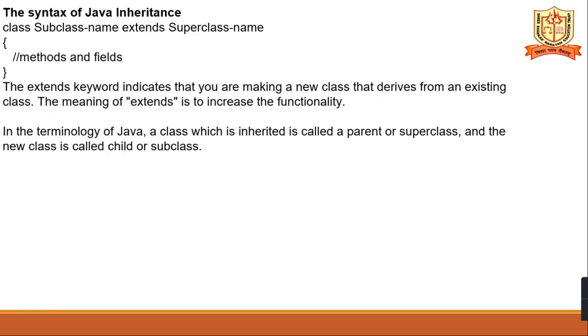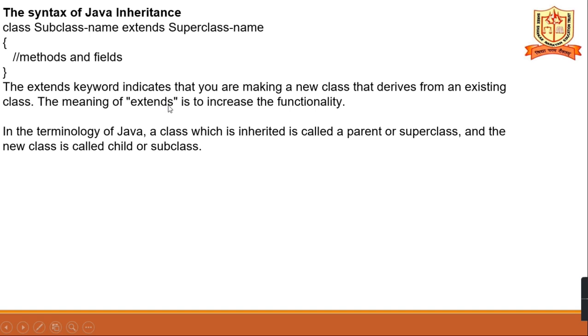Next, what is the syntax of Java inheritance? First you have to mention class and write the subclass name, extends superclass name, and then mention the methods and variables of that subclass. The extends keyword indicates that you are making a new class that derives from an existing class.